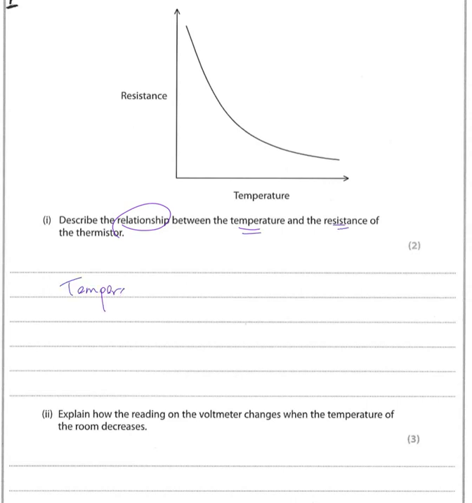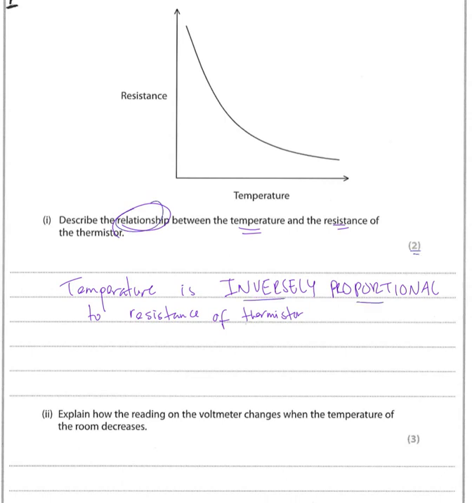Temperature is inversely proportional to resistance of the thermistor. Since the question says relationship and it's 2 marks, I need to say it is inversely proportional, and that's all I have to say to get my full marks.